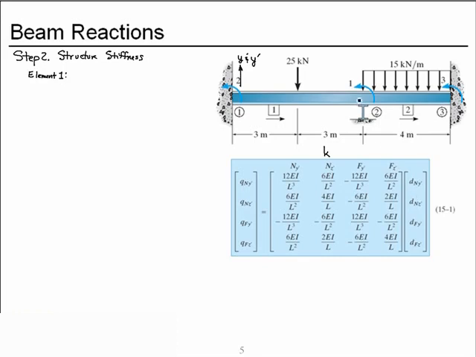Now if we look at our elements, both 1 and 2, we're not concerned with calculating the vertical reactions, so we don't need the rows associated with the y prime forces. So we don't need these or these coefficients.